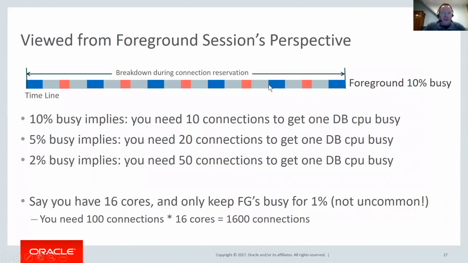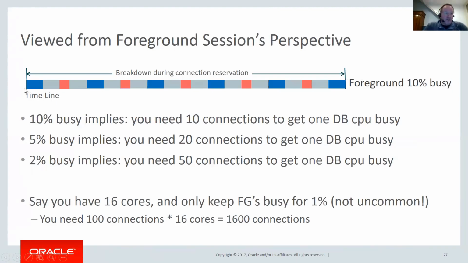So if I now look at the breakdown during the time that I have the connection reserved, these are the points where I keep the foreground process busy, the red bits, because those were my 5 database calls. All the other bits is time spent in Java or on the network, back to the application server, etc. Typically, a breakdown like this could be that the foreground process, the session process that I was talking about while talking about the OS scheduler, is only 10% busy.